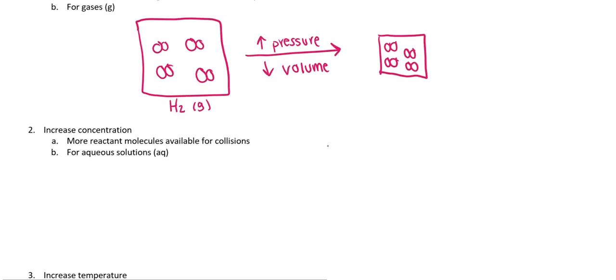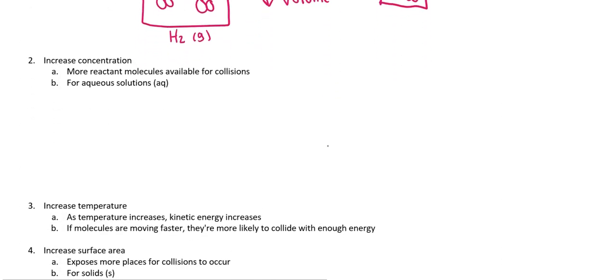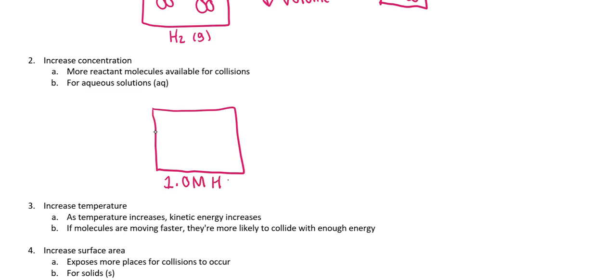Factor 2, we can increase concentration. If we increase concentration, there's more reactant molecules available for collisions. We can increase the concentration of aqueous solutions. So let's say I had like a 1 molar solution of hydrochloric acid.